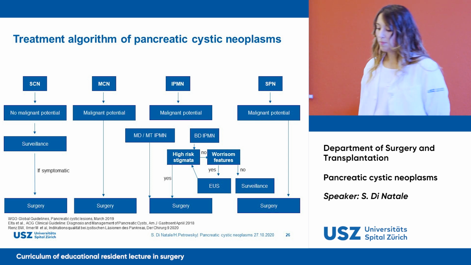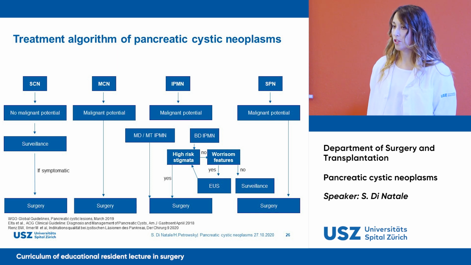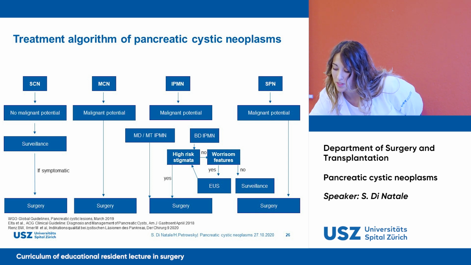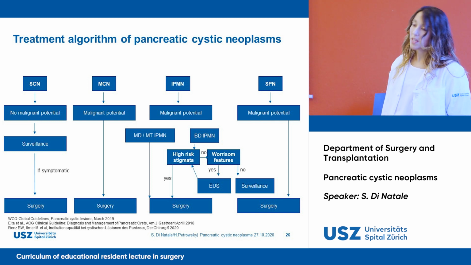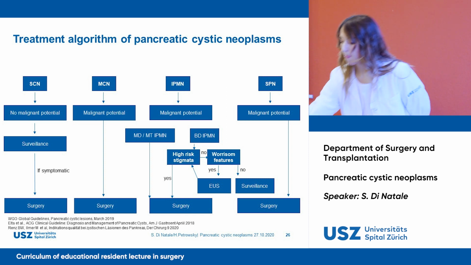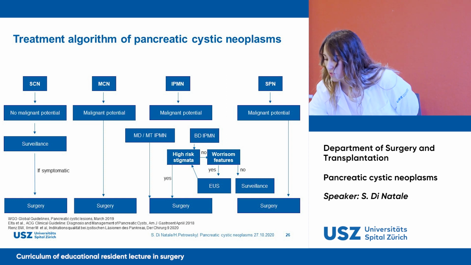Now, looking at the IPMNs, as already mentioned, the distinction between main duct and branch duct IPMNs is really important for progression and prognosis. That's why main duct and mixed type IPMNs should be resected due to the high malignancy rate. Branch duct IPMNs with high-risk stigmata should be resected as well.